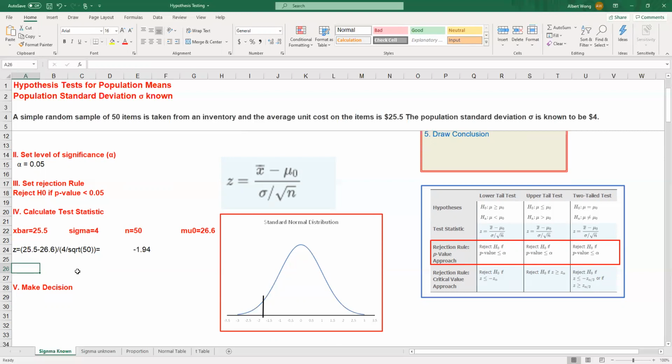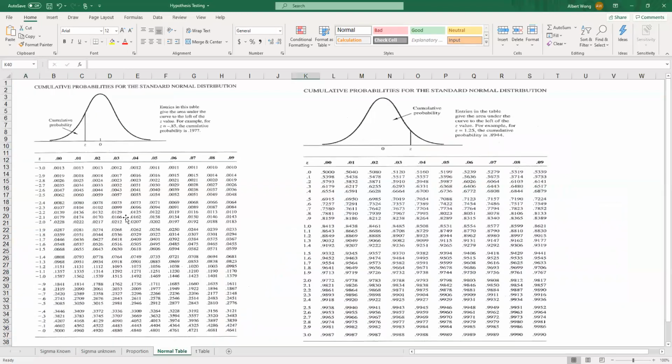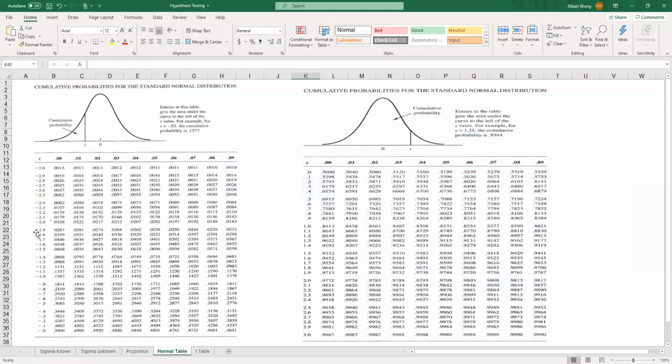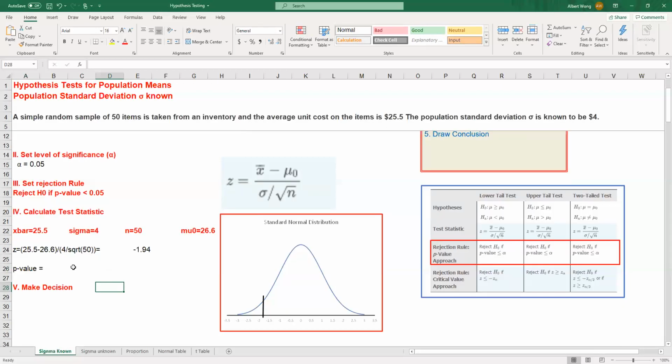To calculate that, we can use either a table or Excel. If you go to a table, you go to negative 1.9, go across to 4, and you'll find that the probability is equal to 0.0262. Or you can use Excel.